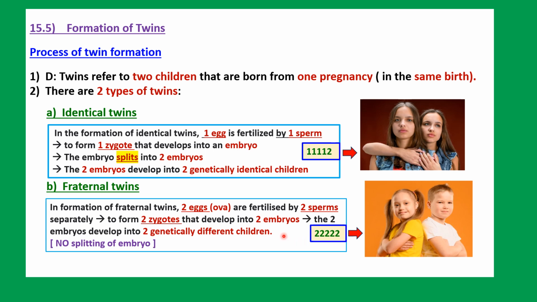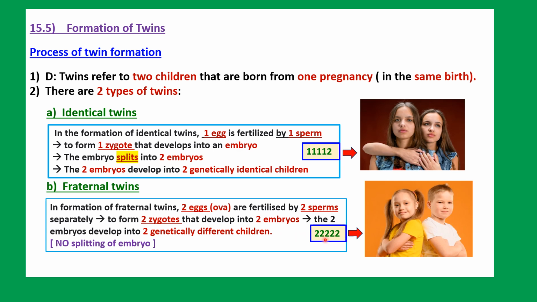So in the formation of fraternal twins, two eggs are released in the menstrual cycle. Two eggs are released from the ovaries. They are fertilized by two sperms separately to form two zygotes that are genetically different. These two genetically different zygotes develop into two embryos, and then they become two genetically different children.